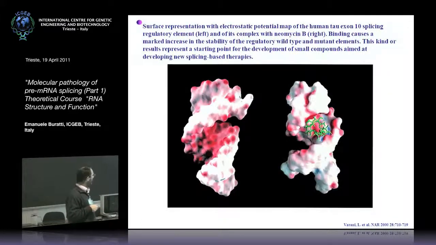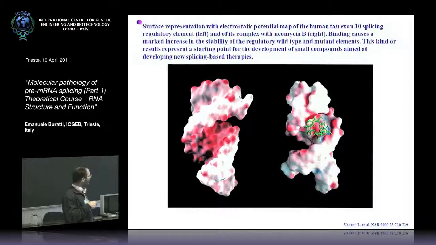And the last thing I want to say is that splicing therapy, of course, can also be applied, for example, to changes in RNA secondary structure. In this case, you see the example I've shown you before, the tau exon 10 stem loop, and mutations that weaken this stem loop have the ability of causing an increase in the 5' splice site usage.